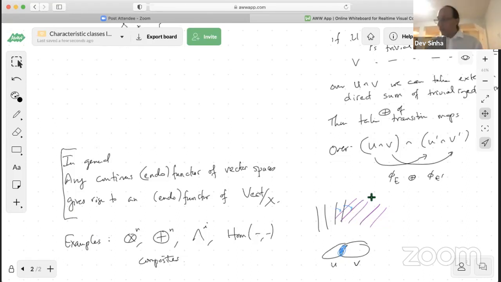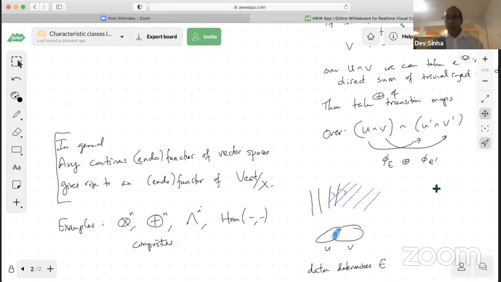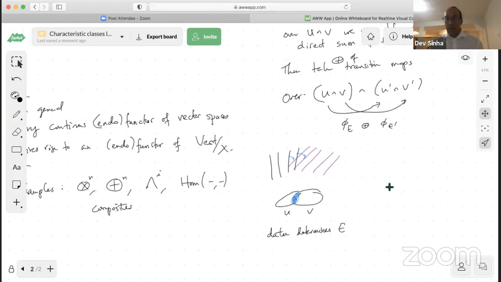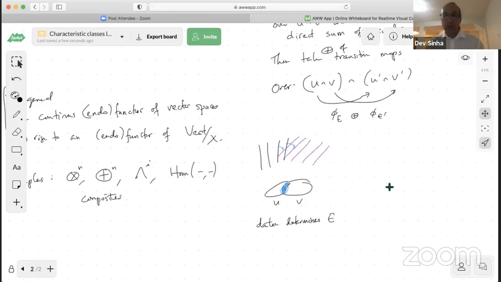And this is the data that makes E, and it very much is the data which determines E. Again, Steenrod's treatment of principal bundles very much takes this point of view if you want an alternate treatment.